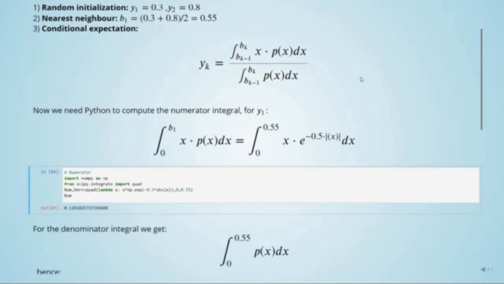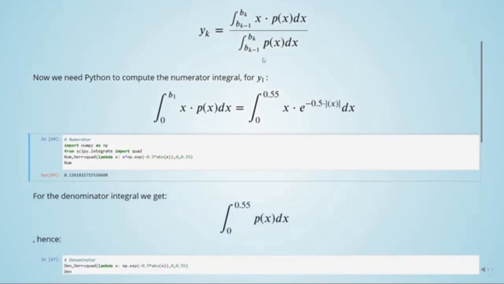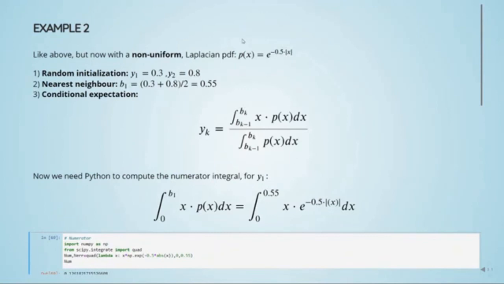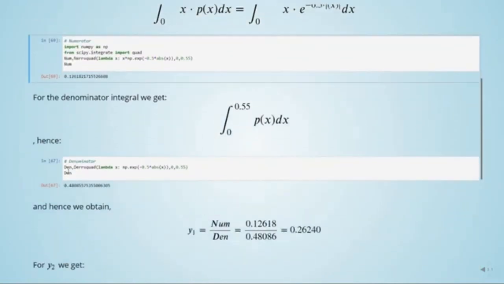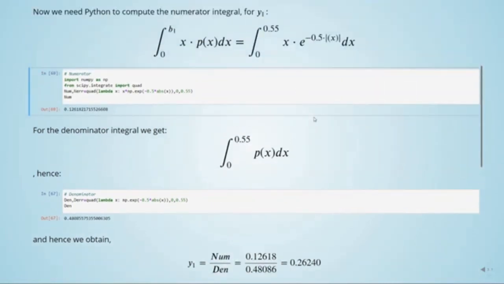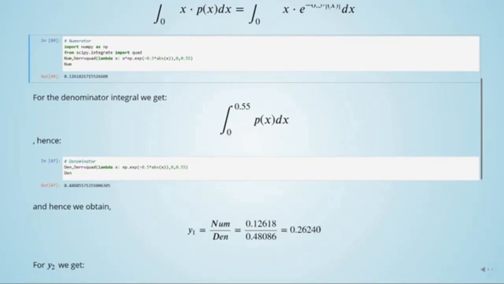And then when we compute the numerator for this, we have this part here. So when we use NumPy to compute this, we have this value of 0.126. For the denominator, so this part here, we will have this here, and we're replacing this by this function here, and when we do this, we have 0.48, and then the numerator divided by the denominator, we have this result here for y1.